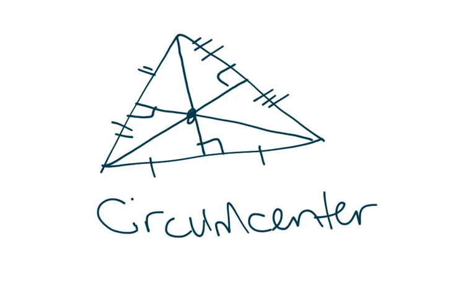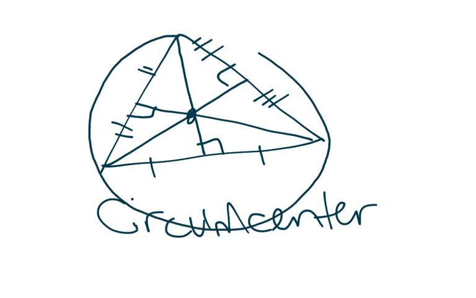And the reason they call it the circumcenter is because if you were to draw a circle on the outside and connect all three of the vertexes out here, this one's a little bit further out, but in theory, this would be the radius here, and this would be the radius here, and this would be the radius here.